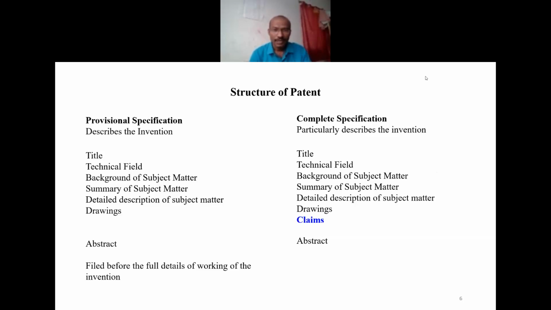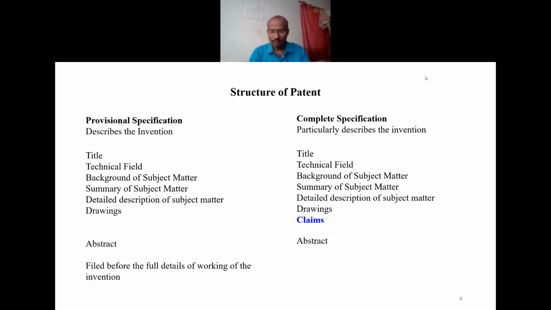So, looking at the structure of the patent, there are different fields in the patent, like title, technical field, background of subject matter, summary of subject matter, detailed description of subject matter, and drawings. Then separately, we need to file abstract. A complete specification contains one extra field, that is claims, which are a very important part of a patent.